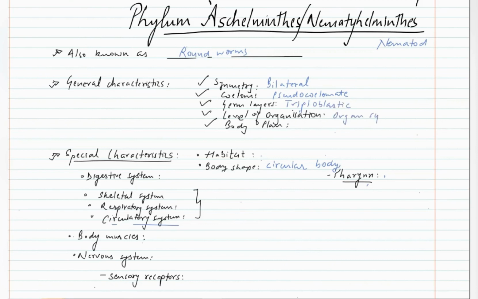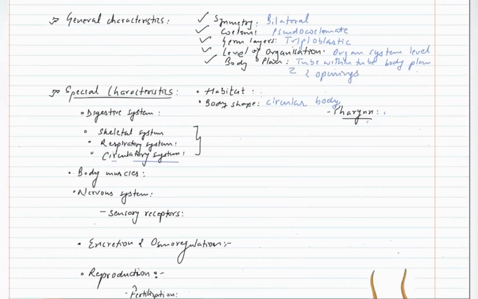They have an organ system level of body organization. These organisms exhibit a tube within tube body plan with two openings.